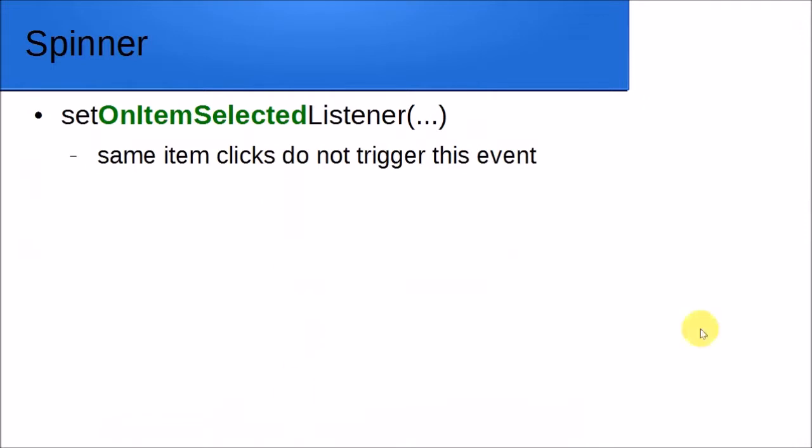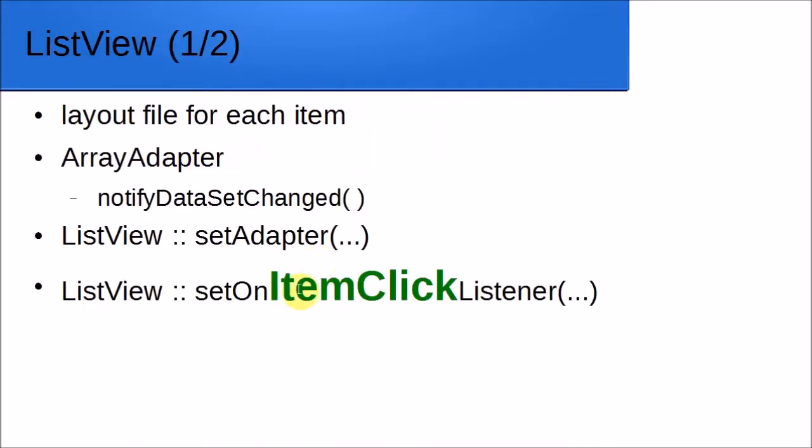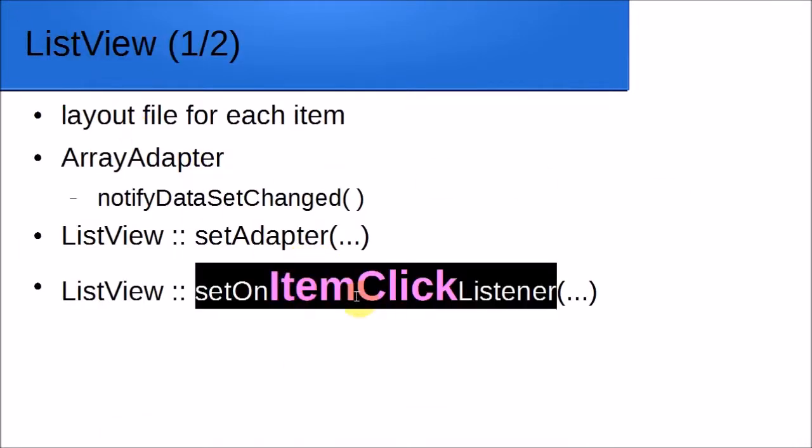So the correct event handler you use once again is on item click. Same event handler. The grid view and the list view use the same event handler.